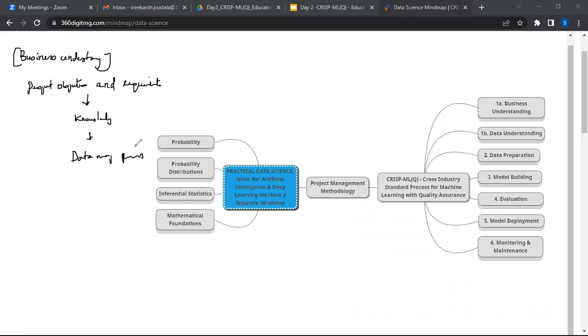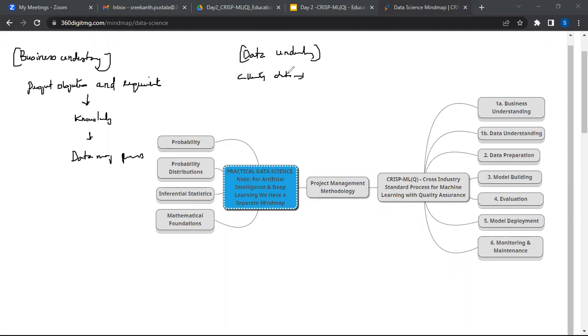When it comes to data understanding, the second phase that we have here, it's a combination of both the business understanding and data understanding. So what is data understanding? The process starts by collecting data.